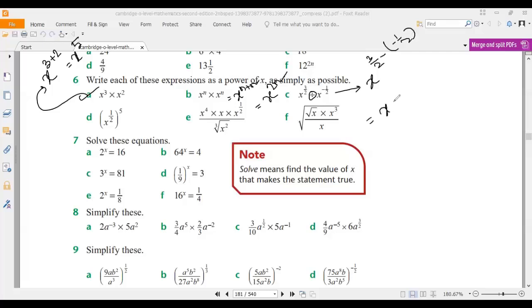Now x to the power 3 by 2, minus into minus will be plus 1 by 2. So 2 is our LCM. Then we need to add the power. Then it can be written as x to the power 4 by 2. After cancelling, 4 by 2 will be 2. So x square will be the final answer.